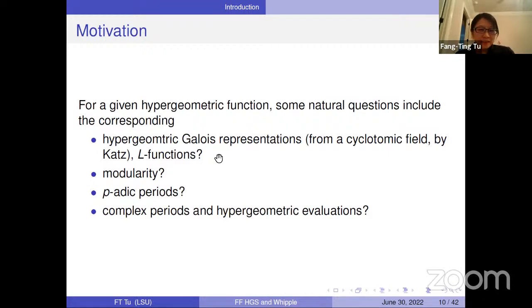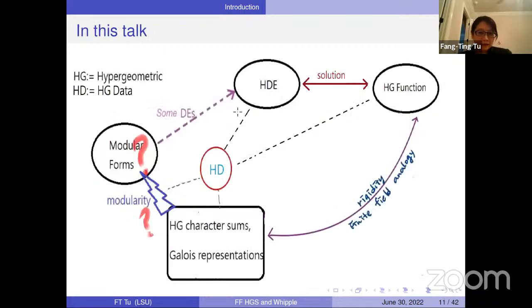So in this talk, we will focus on the Galois representation part. And again, like last time, we will use the hypergeometric type of character sums to give us information on the Galois representations. We will also discuss the modularity of certain Galois representations. As I showed in my examples, some of the modular forms can be expressed in terms of hypergeometric functions.